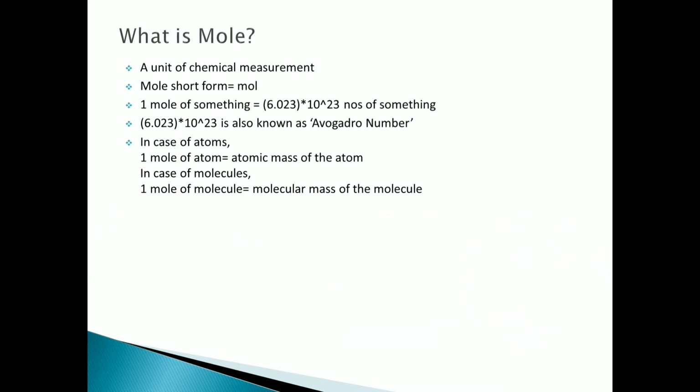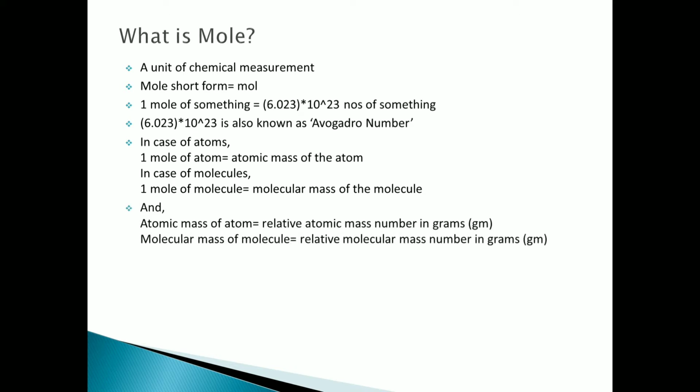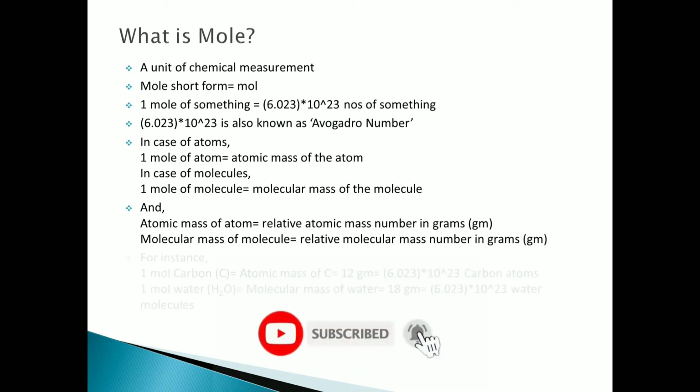Though it is unitless, it does have a unit, which is atomic mass unit, which we shall be learning later. For now, atomic mass of atom equals the relative atomic mass number in grams. That is, it is actually that mass but expressed with a unit of gram. And molecular mass of molecule will be equal to relative molecular mass number in grams.